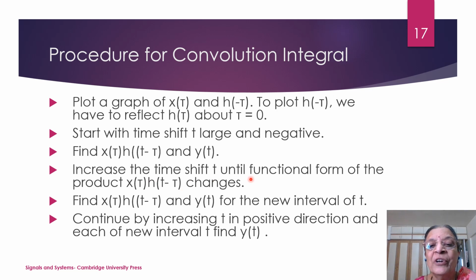So increase the time shift t until the functional form of the product changes. Find x of tau into h of t minus tau, and correspondingly find out yt for every new interval, because for every new interval the corresponding value of the impulse response may change. Continue this by increasing t in the positive direction, and for each new interval of t find y of t. Right. This is the procedure for how to convolve the input signal xt with h of t.